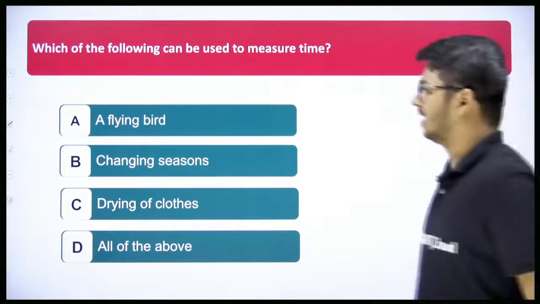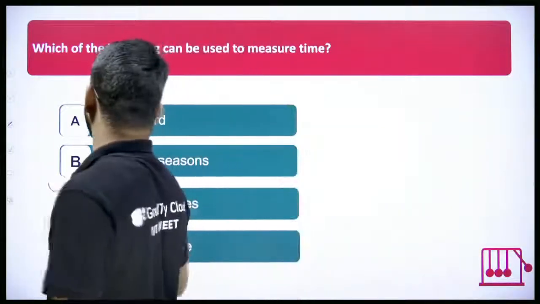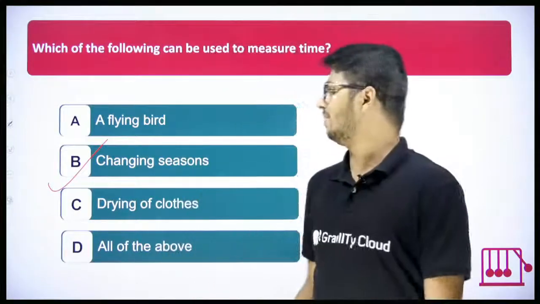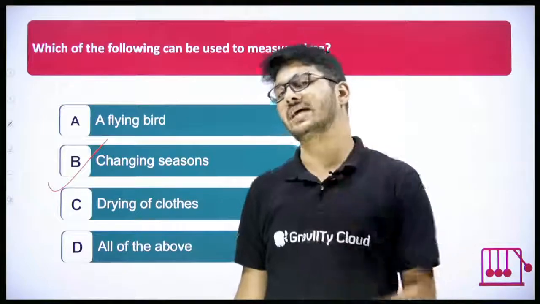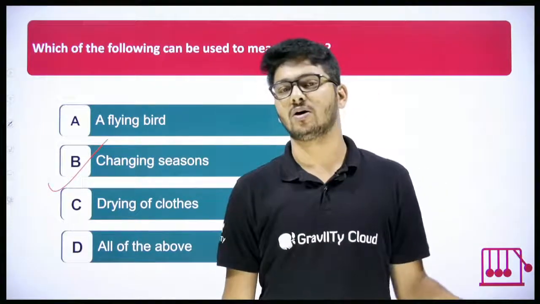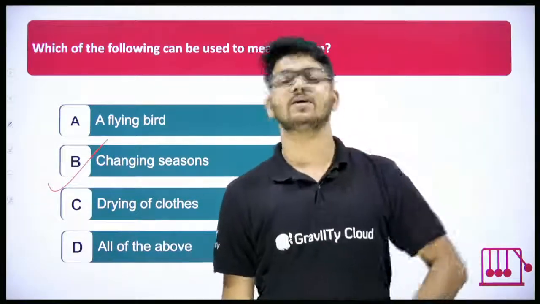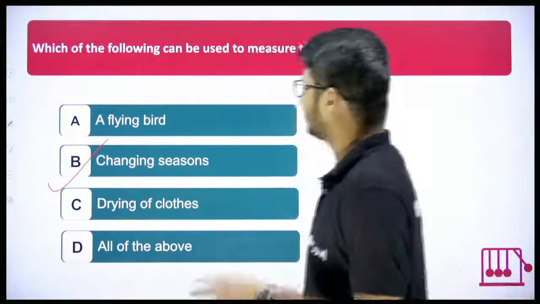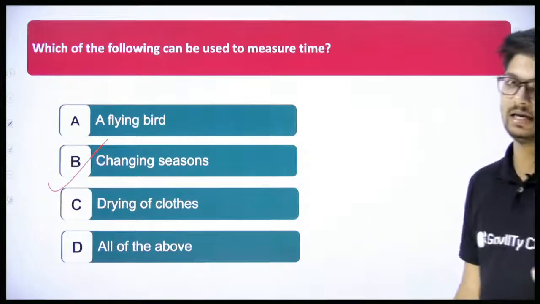The correct answer is changing seasons, because a flying bird is random. We don't know for how long it will fly, or after how long it will come back. But with changing seasons, we know the exact time. One season has gone, the same season has come again, that means it is 1 year. Yes or no? The changing of seasons can be used to measure time.